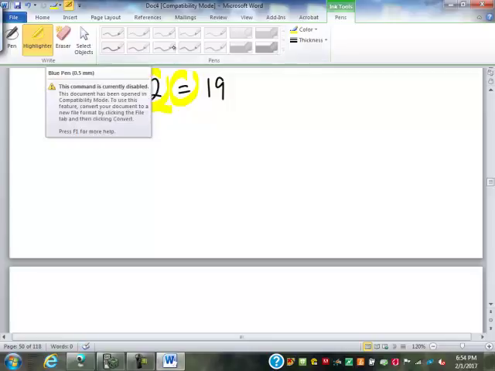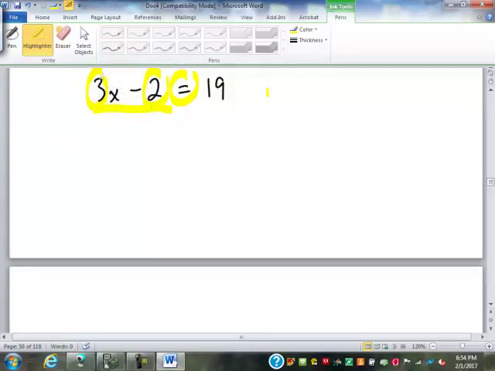What operation is attaching the 3? Multiplication. How about the 2? Subtraction. So we have to ask ourselves what was done to our variable to build this equation. Well, we've subtracted 2 and we've multiplied by 3. According to our order of operations, what happens first? Would we multiply first or would we subtract first?